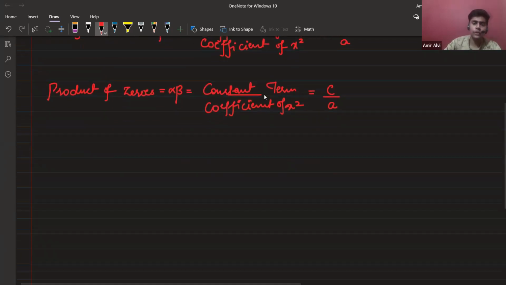Let's take one example and try to solve it using the quadratic.